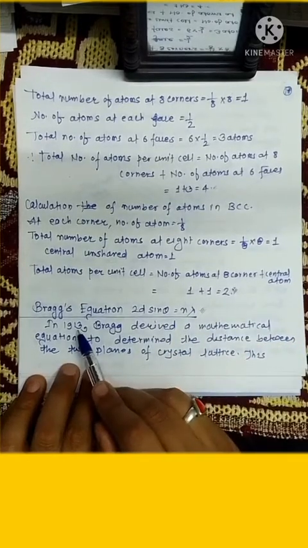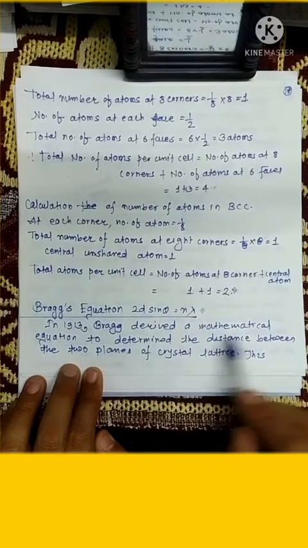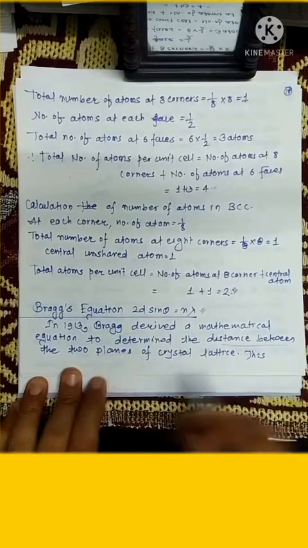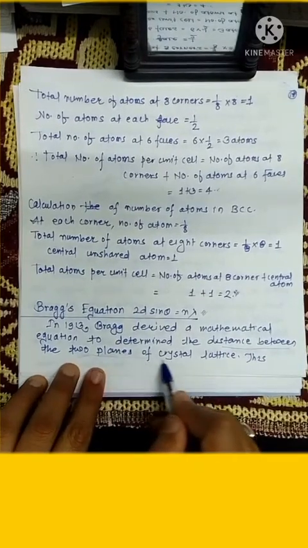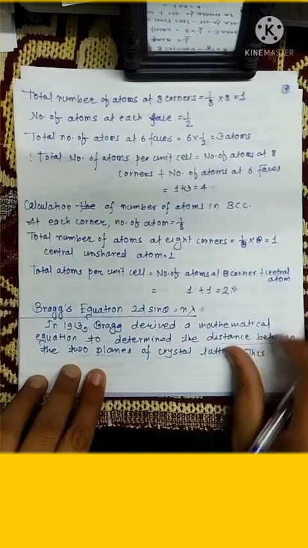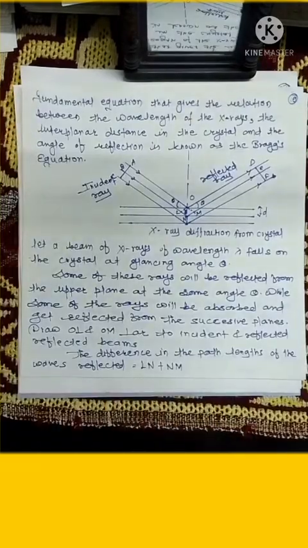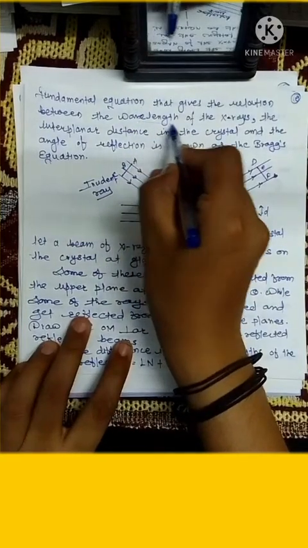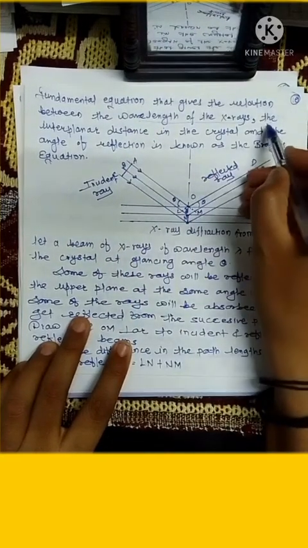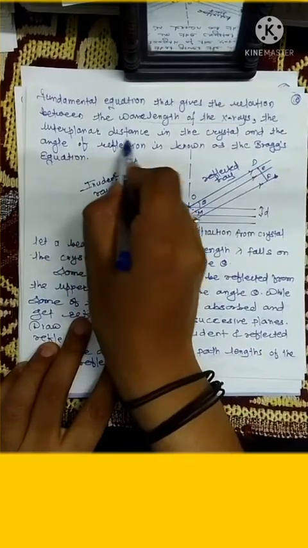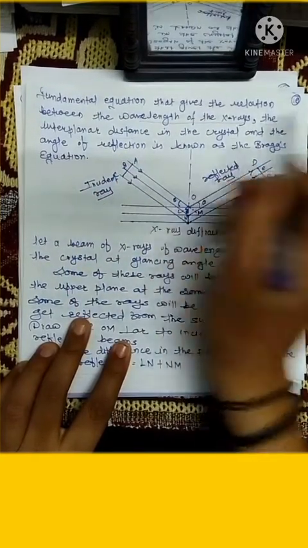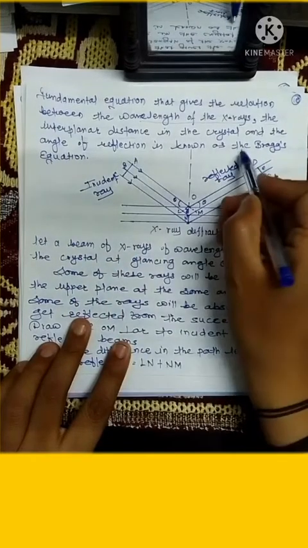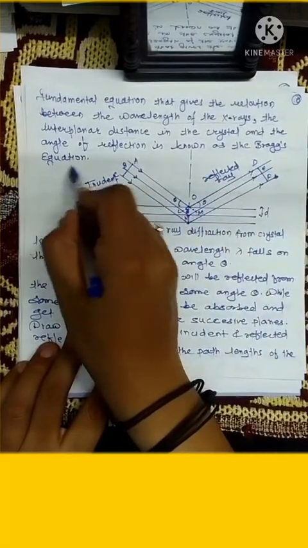In 1933, Bragg derived a mathematical equation to determine the distance between two planes of the crystal lattice. This fundamental equation that gives the relationship between the wavelength of X-ray, the interplanar distance in the crystal, and the angle of reflection is basically known as Bragg's equation.